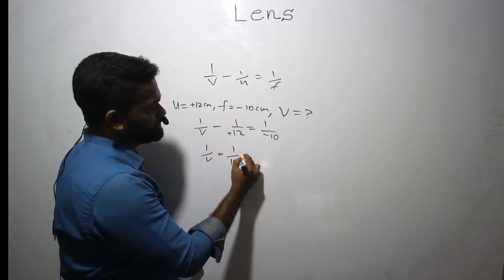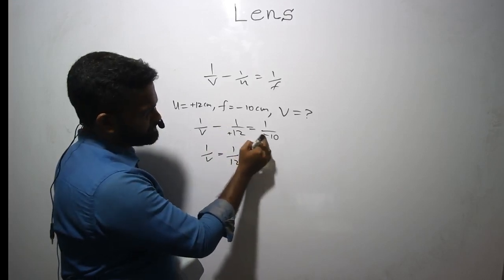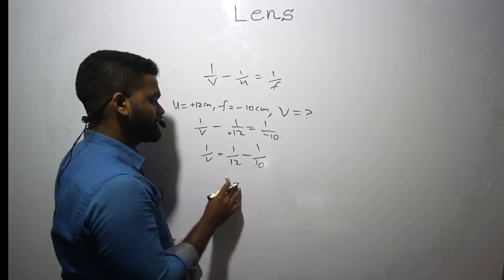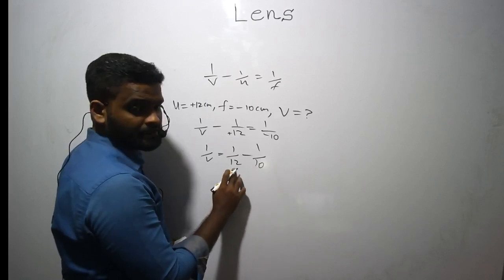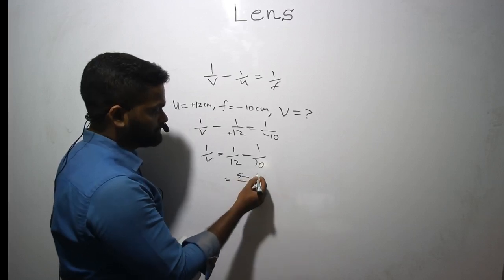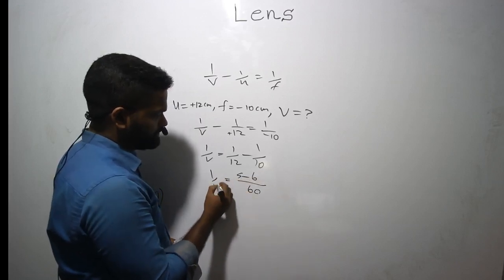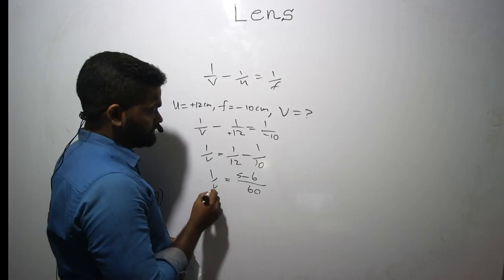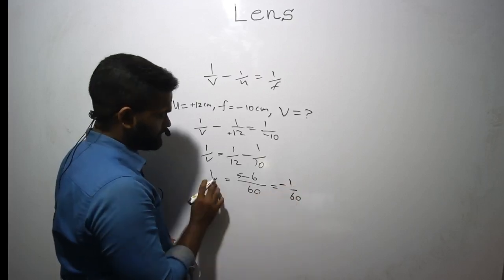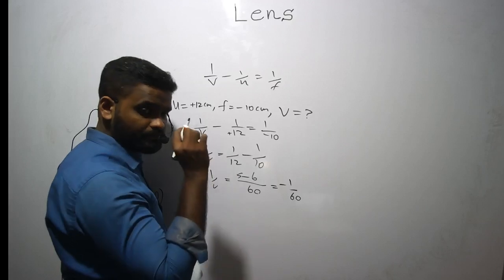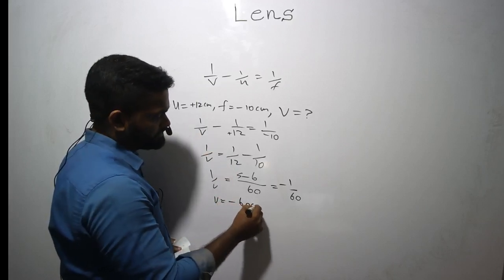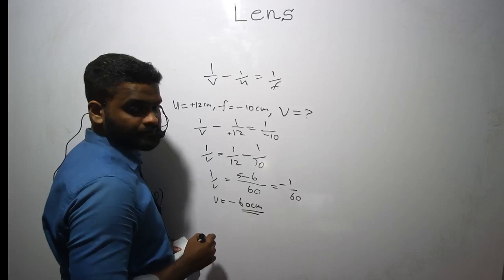This minus, plus minus, minus 1 over 10. Common denominator 60, 5, this is 6. We have minus 1 divided by 60, 1 over v. You need to find v, so v is minus 60 centimeters.